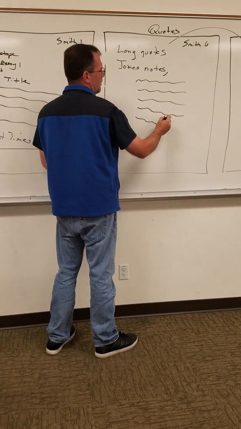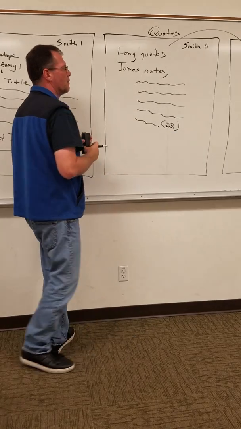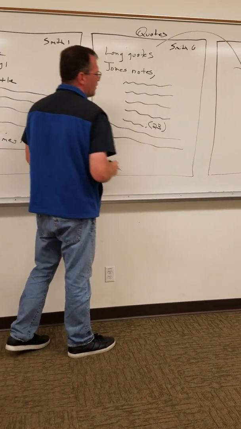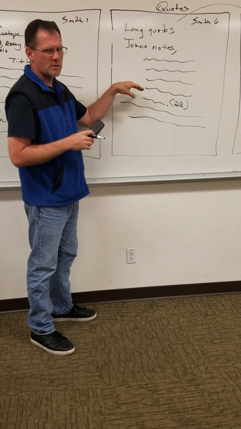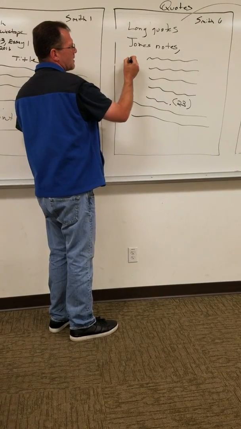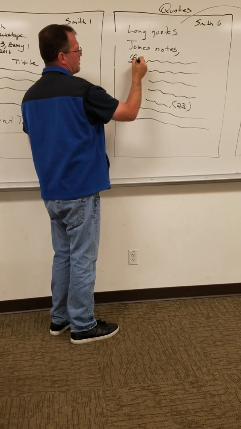When I'm done with the quote, I will cite it as such, and then just continue writing. So long quotes, again, are more than 4 typed lines. This one is about 4.5. You're going to indent twice on the left-hand side. So this will be a total of 10 spaces.